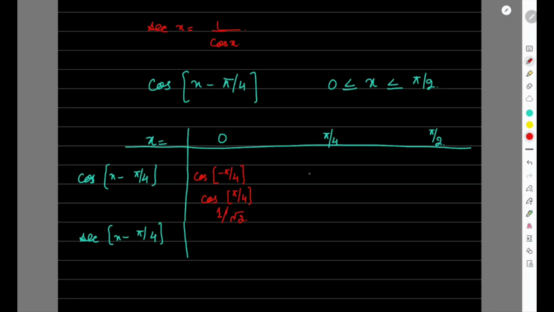Similarly, when x is equal to pi by 4, we have cos of (pi by 4 minus pi by 4), which is cos 0, and cos 0 is 1. Similarly, when x is equal to pi by 2, we have cos of (pi by 2 minus pi by 4), which is cos pi by 4, and its value is 1 over under root 2.